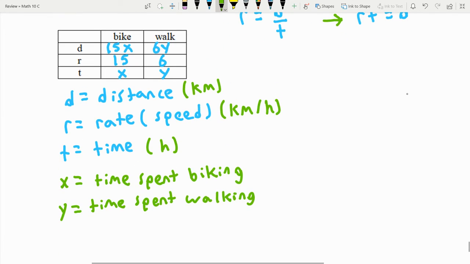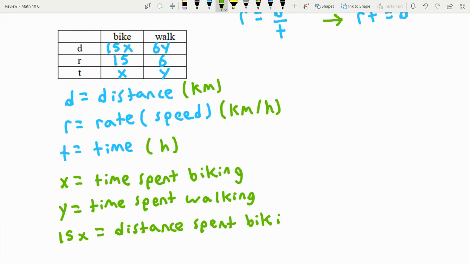And if I want to go even further, I can say 15x equals distance spent biking. And that means 6y would equal distance spent walking.